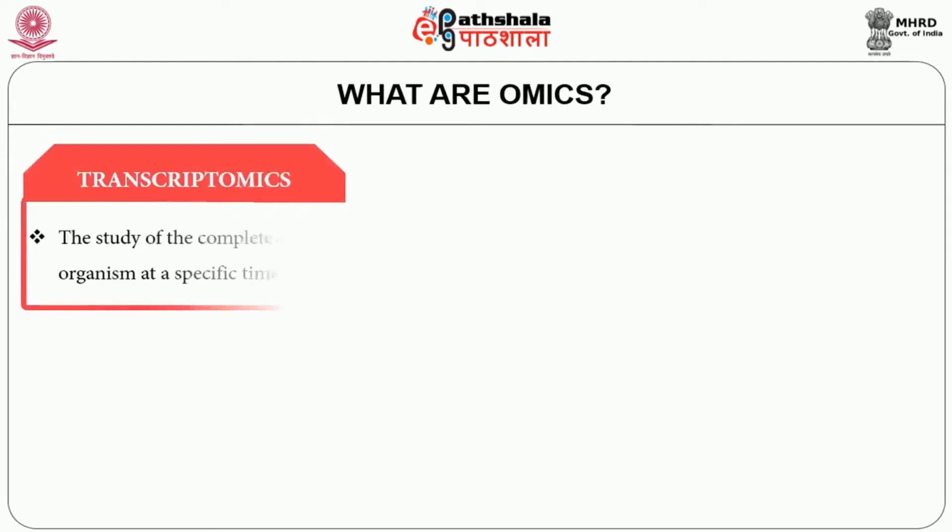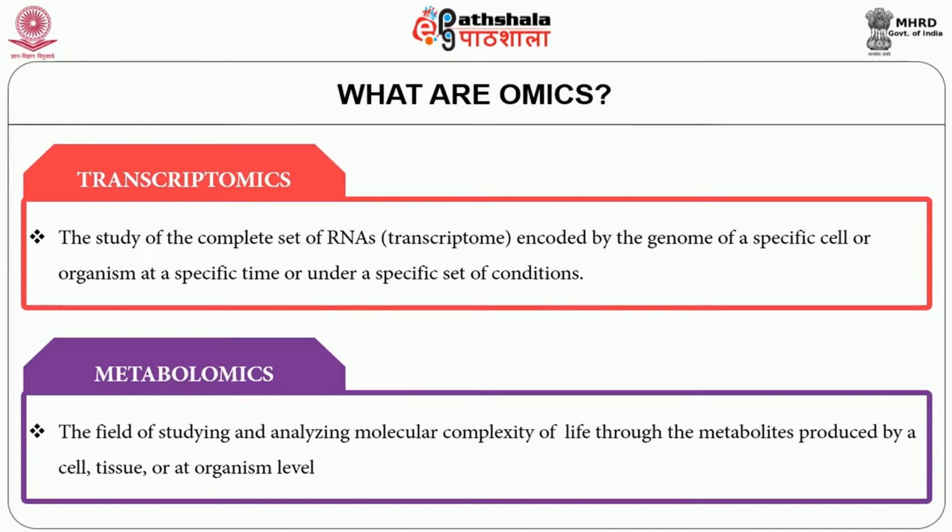So earlier we saw some of the terms as omics. So what are omics? Coming to the first concept of transcriptomics, which is the study of the complete set of RNAs, that is the transcriptome, encoded by the genome of a specific cell or organism at a specific time or under a specific set of conditions.